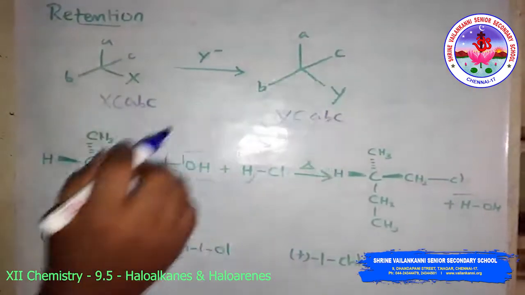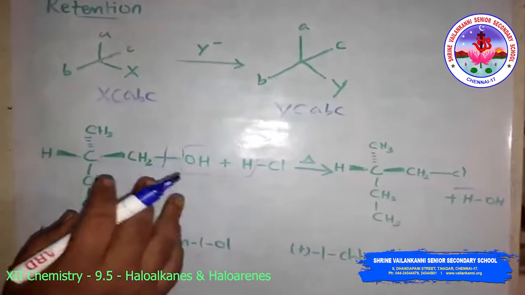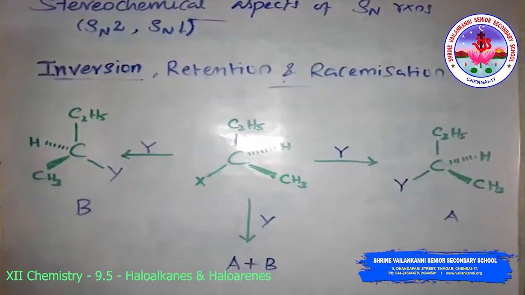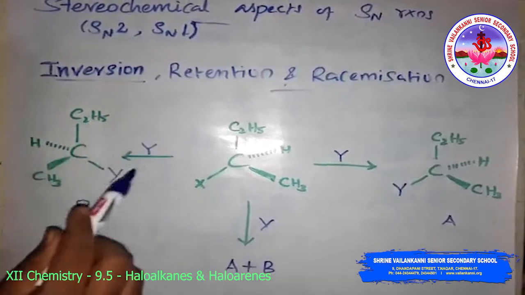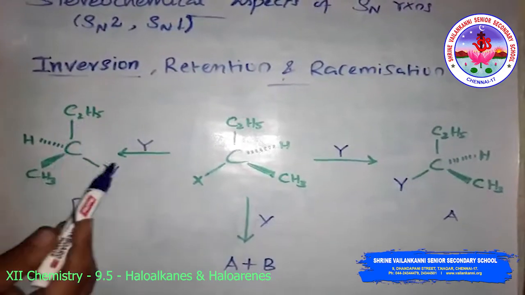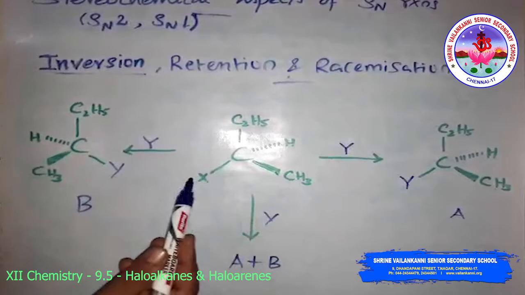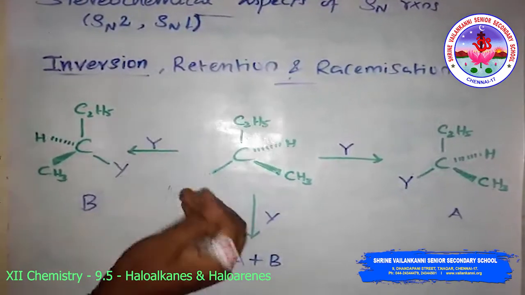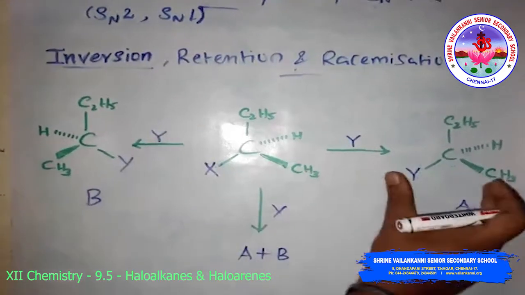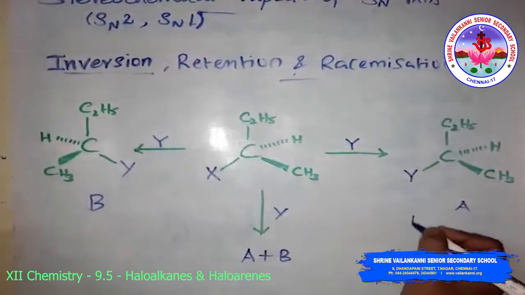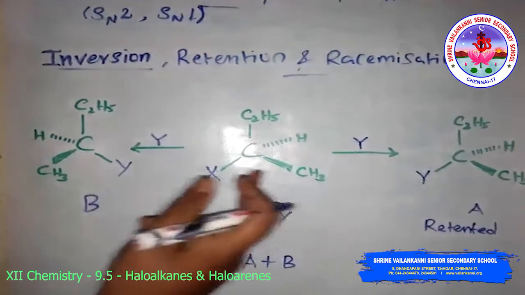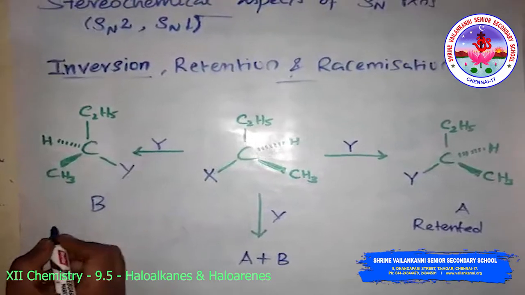Look at this. Then next is inversion of configuration. Now we will see inversion, retention and racemization. See here the replacement of X by Y following the reaction. Look at the compound. See, this is the replacement of the X group. Now this gives A, which is retained configuration, and B gives inverted configuration.